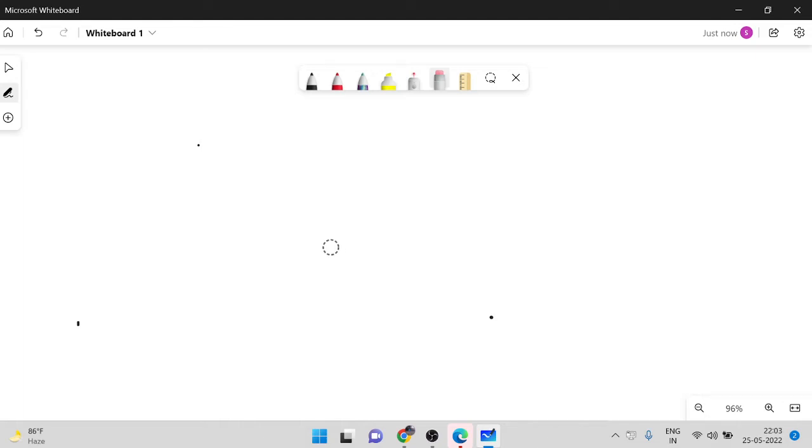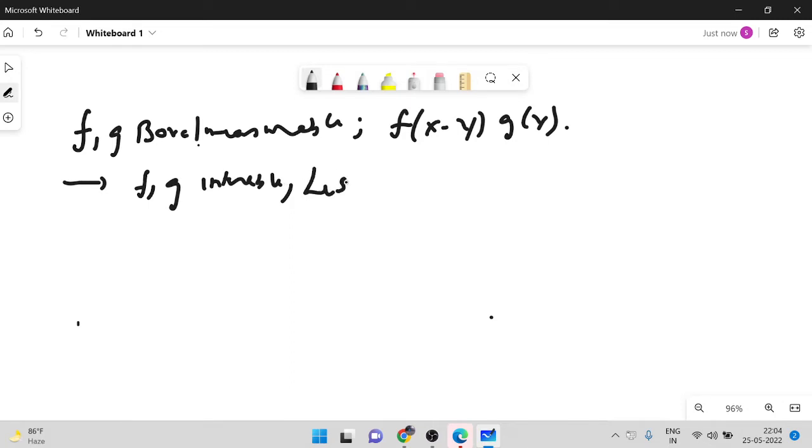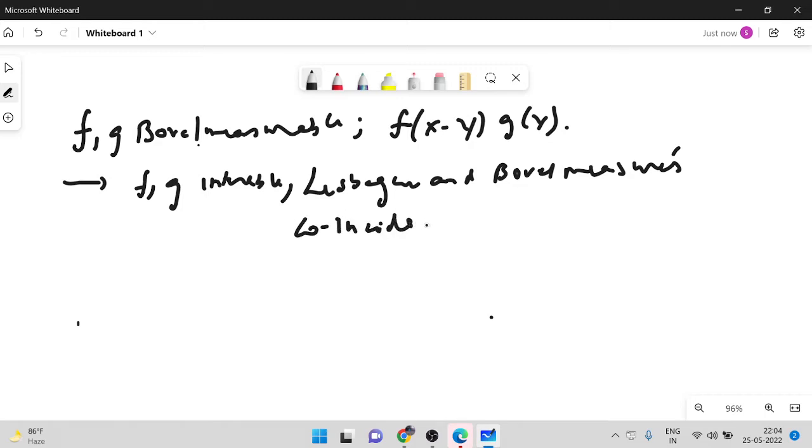Okay. So now you have f and g Borel measurable, so f of x minus y, g of y is Borel measurable, and if f, g are integrable, and your Lebesgue and Borel measures coincide on Borel sets.